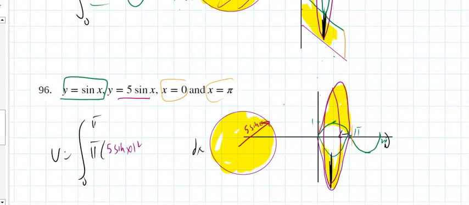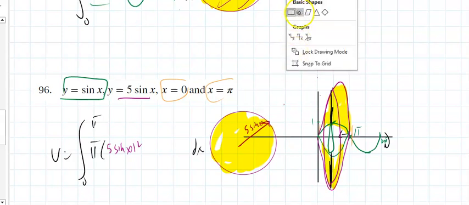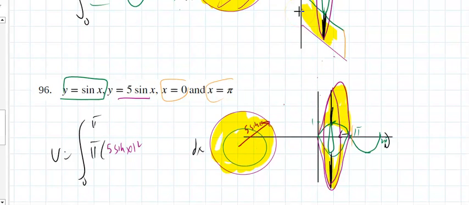I notice that the hollow part is the green part. So if I find this area, which is this part, that's pi times the sine of x squared.